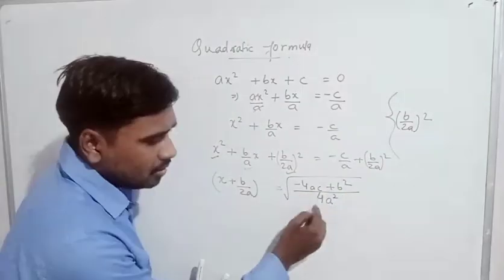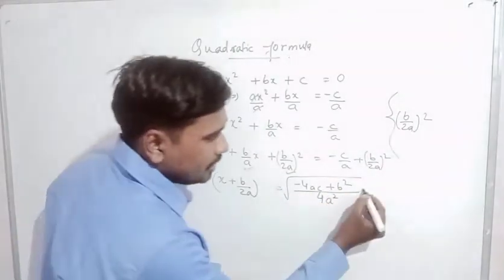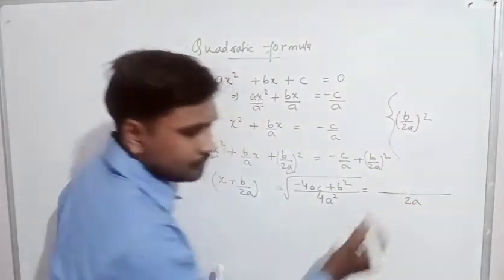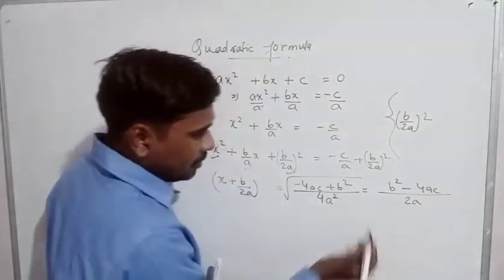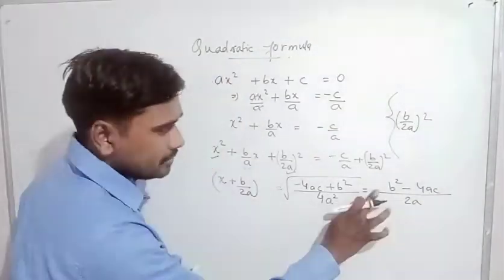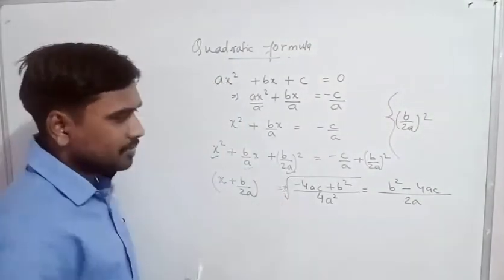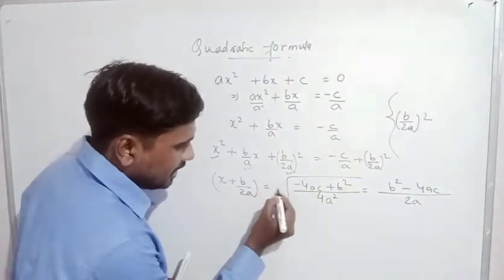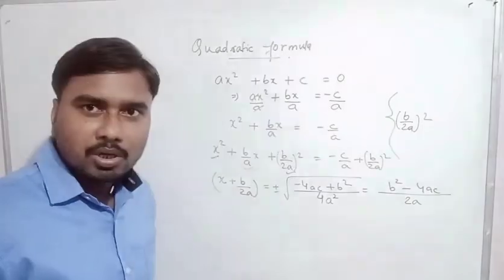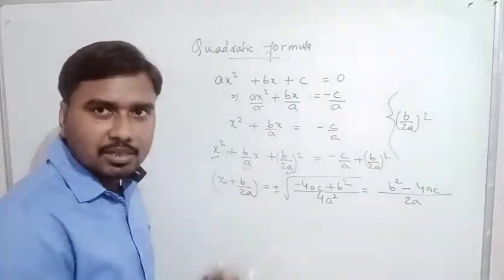Now this is a perfect square root, so it will be 2a, and on the upper side it is b square minus 4ac, but it will be plus minus. This will be plus minus, because when the value comes from a root, plus minus comes.